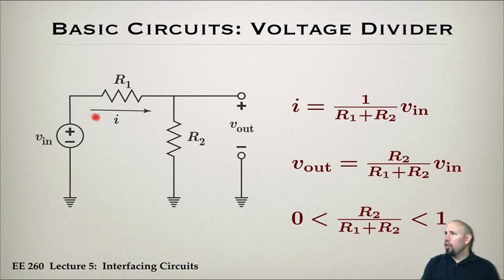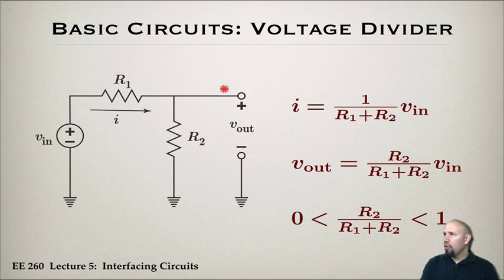Okay, so we can go through and show the relationship. If I were to write the voltage at this node, I would basically take this current times this resistance. How do I find what this current is? We look at this entire resistance, and because no current is flowing here, it's like these two resistors are in series. It may not be obvious by looking at this, but that's actually the way to look at it.